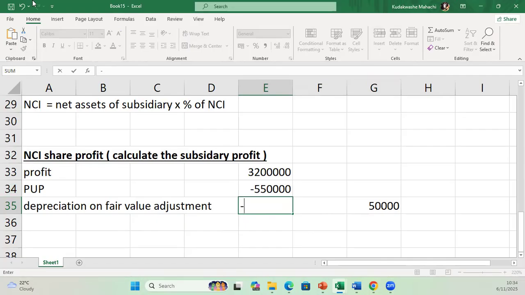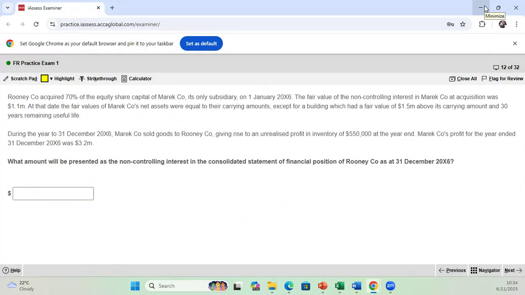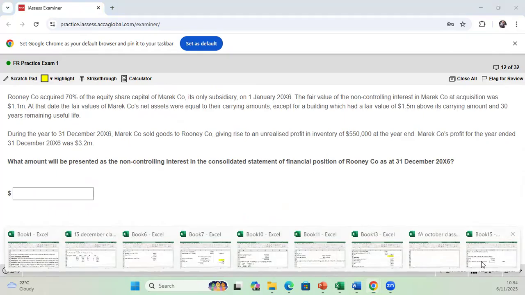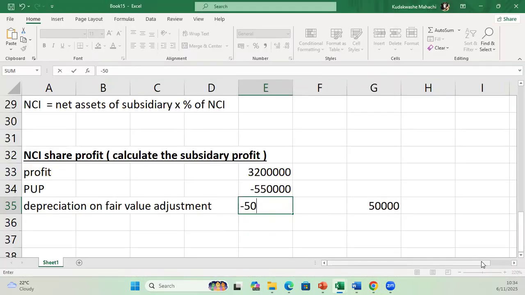How long is the post-acquisition period? Takatenga isusu 1 January. The year is ending when? December. So it's a full year. So if it's a full year, tinonisa yese yakakwana. If it was less than a year, would apportion.